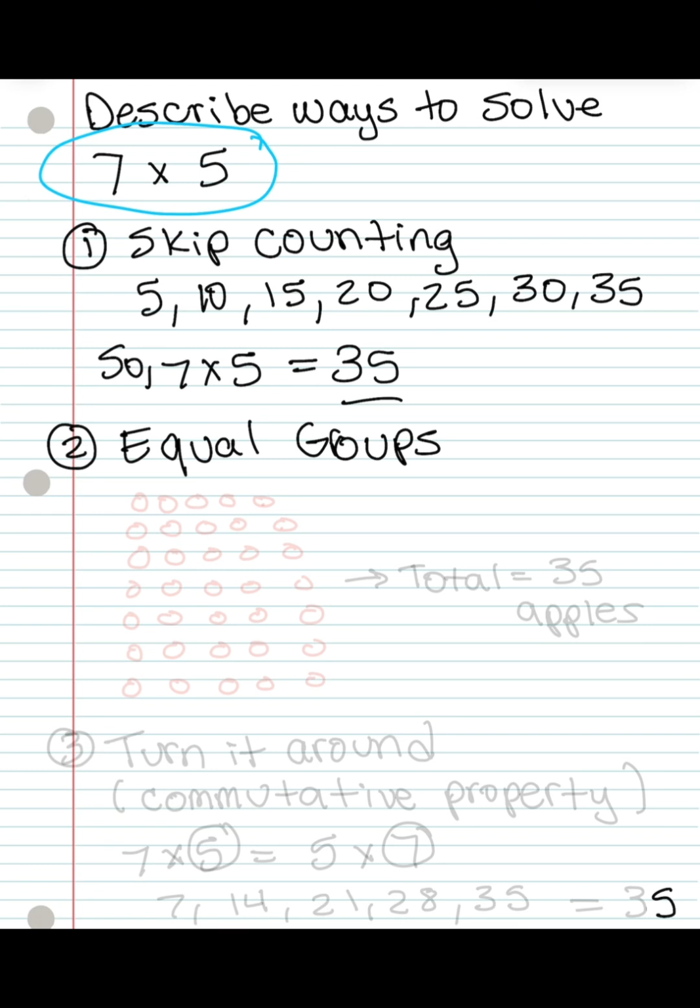So you could say, I have groups of 5 apples. So 1, 2, 3, 4, 5. And I have 7 of those groups. 2, 3, 4, 5.